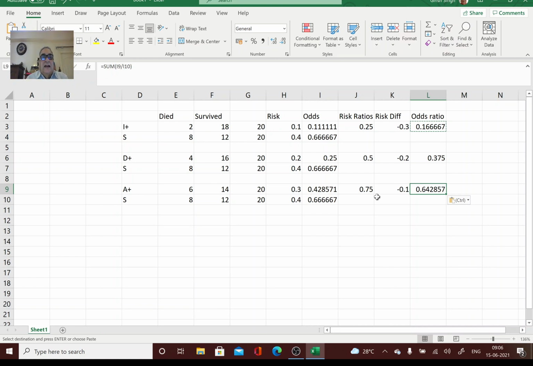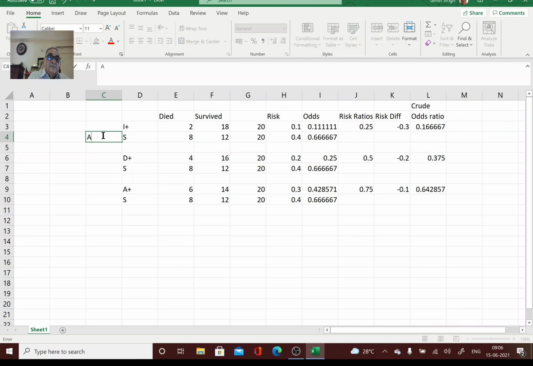Now this odds ratio is a crude odds ratio, for it doesn't take care of other explanations of these point estimates. So, for example, if there were more asthmatics in the control group, these asthmatics would explain why more people died in the control group.